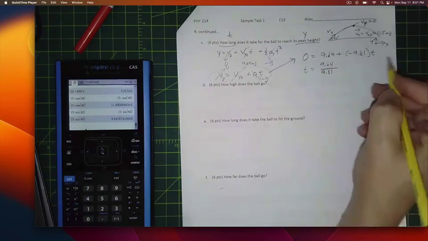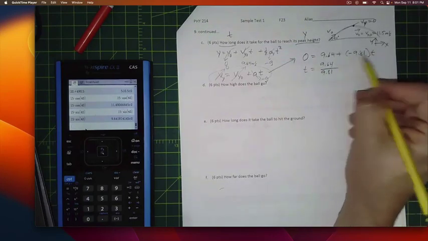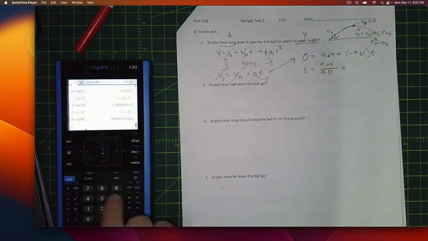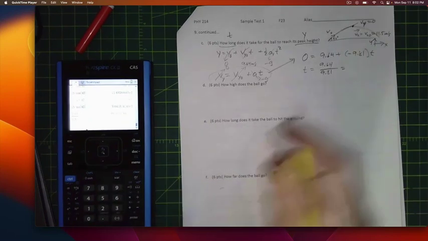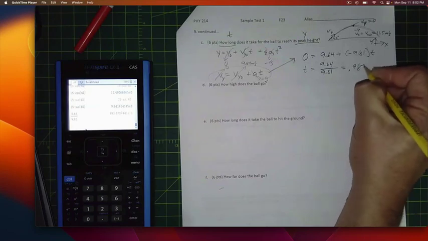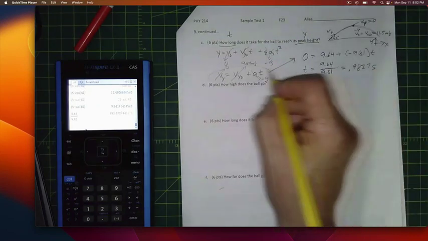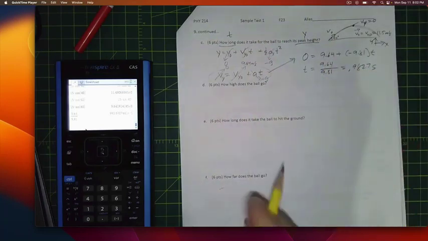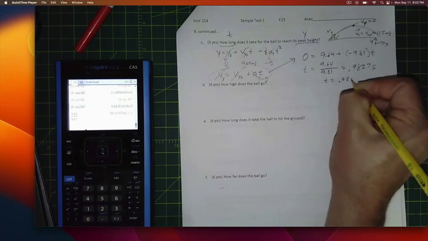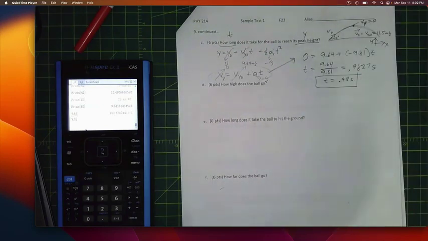You can do a few more steps of algebra, bring this to the other side, divide through by 9.81. 9.64 divided by 9.81 is 0.9827 seconds. Again, only 2 sig figs, so t is equal to 0.98 seconds to the peak.